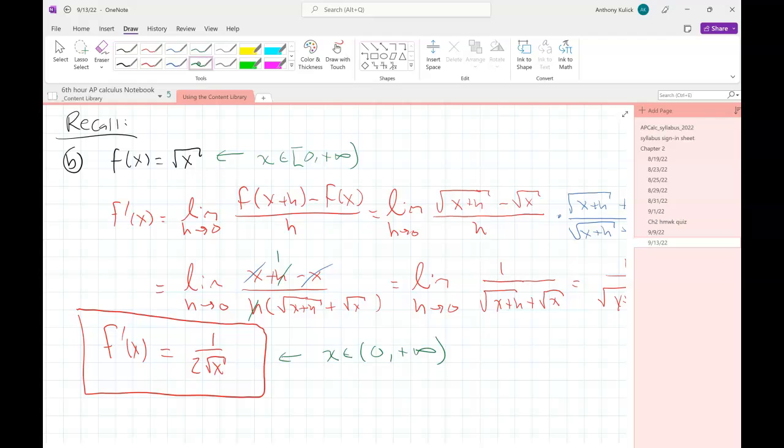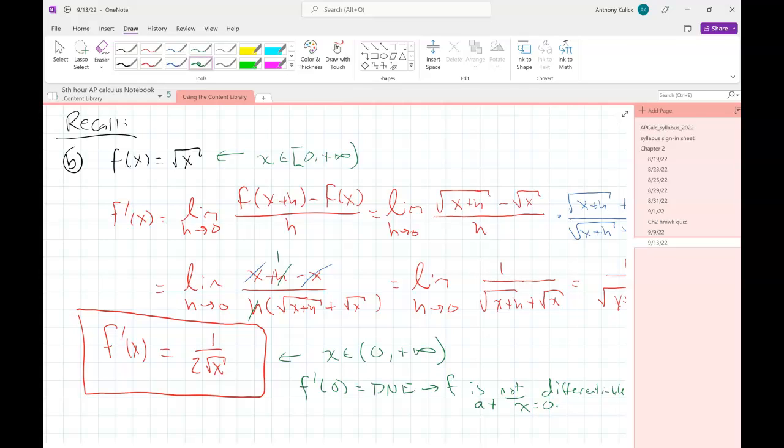Because no longer can we have 0, because the x is in the denominator. Is everyone okay with that? So what we see is that f prime of 0 does not exist, right? This implies that f is not differentiable at x equals 0.